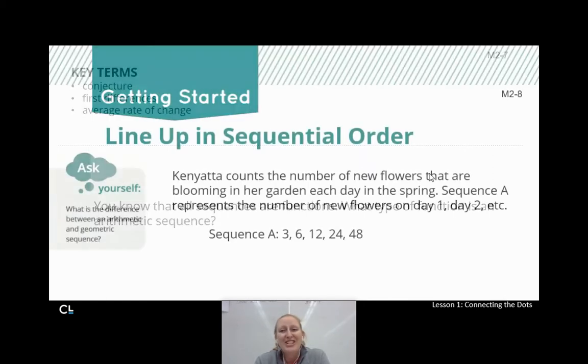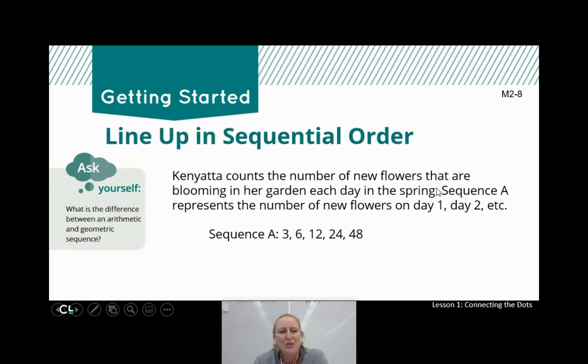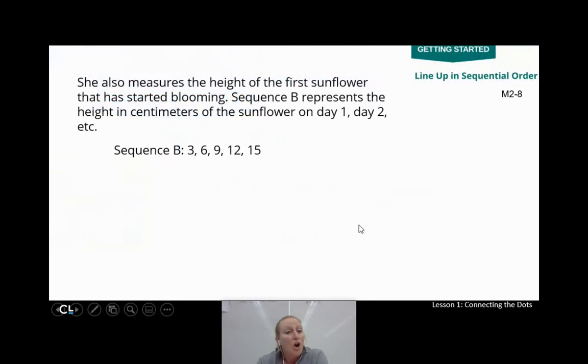So as part of our getting started activity over on page M2-8, Kenyatta is counting the number of new flowers that are blooming in her garden each day in the spring. So sequence A represents the number of new flowers. On day 1, she had 3, day 2, she had 6, day 3, day 4, day 5, on and on. She also measures the height of the first sunflower that has started blooming.